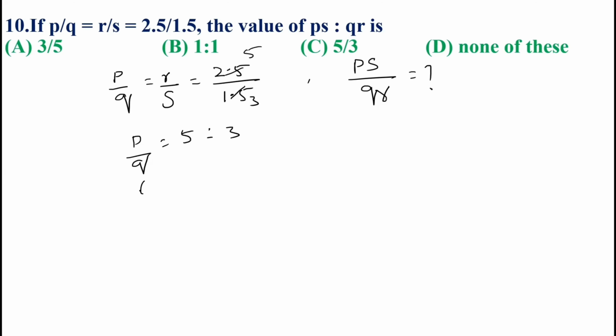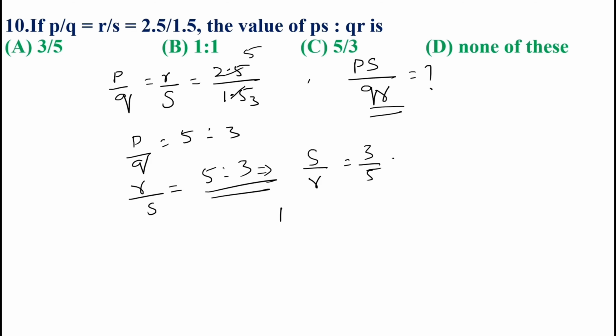And R by S is equal to 5 is to 3. This we can take as S by R is equal to 3 by 5. So this is P by Q into S by R only. So P by Q is 5 by 3. This is 3 by 5.